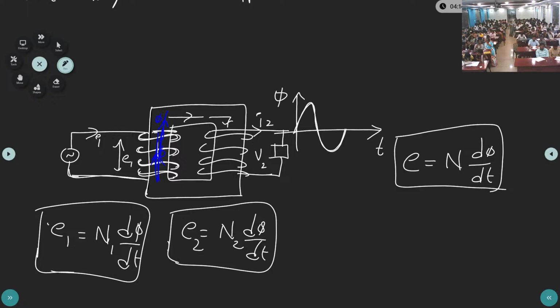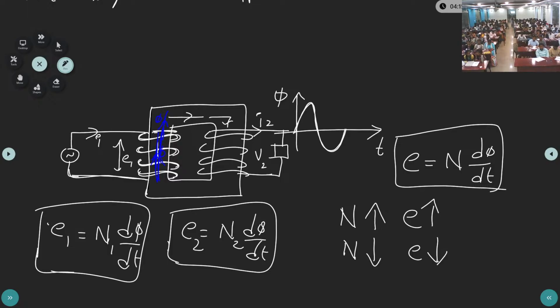In order to get less voltage, say 230 volts to 9 volts, what you have to do? Only use a few turns, such that we will get a lesser voltage. So number of turns more, EMF is more. That means EMF means voltage. If number of turns are less, EMF is less.